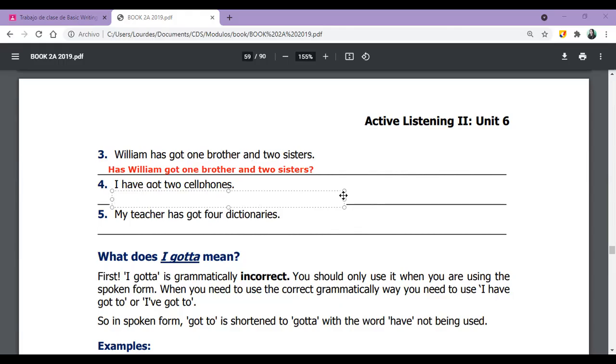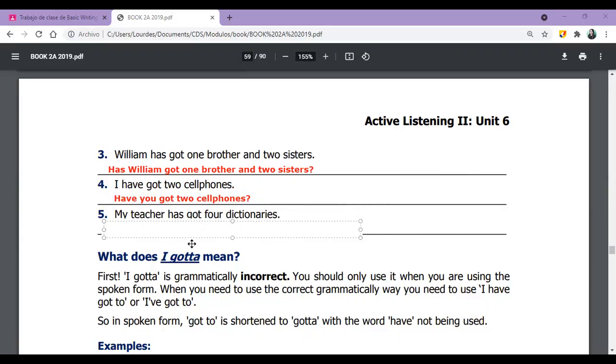Have you got two cell phones? And the last one, it says, my teacher has got 4 dictionaries. Has my teacher got 4 dictionaries? Very good.